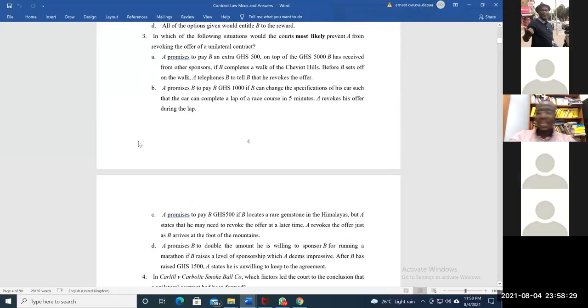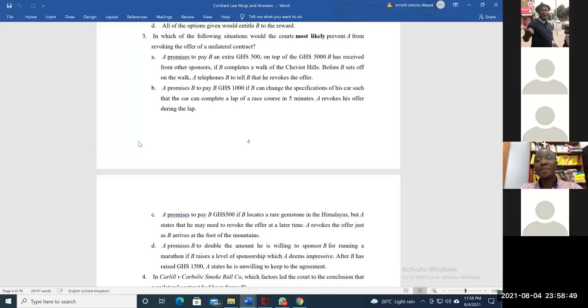No, but if you look at what the question is saying, where would the court mostly prevent A from revoking the offer? Where the other party has started performance, then you cannot revoke. And that is what the question is asking for. If you look at B, we are saying that performance was ongoing, although there have been some debates regarding whether the required performance in terms of changing the specification of the car has taken place or not.